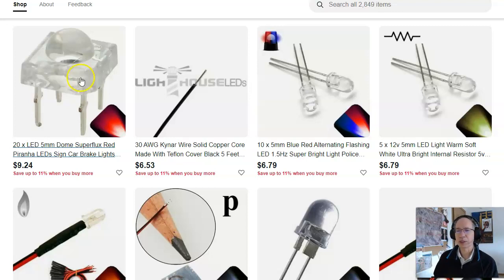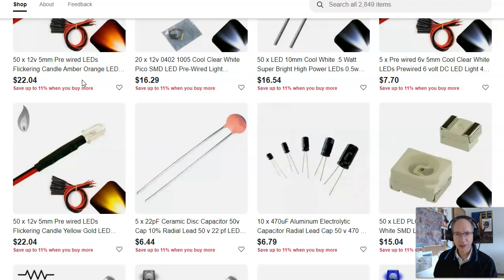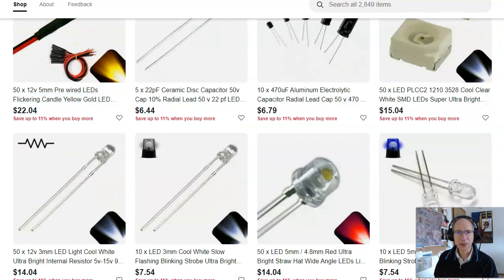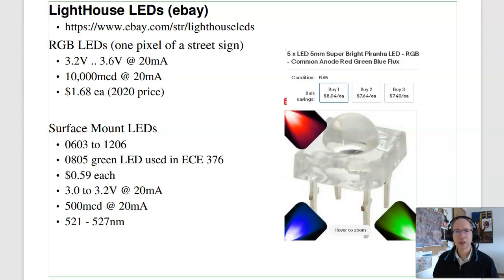We have RGB LED on a single package. Basically a pretty nice website. What I found is eBay has the LEDs about 2 years before the distributors have them.